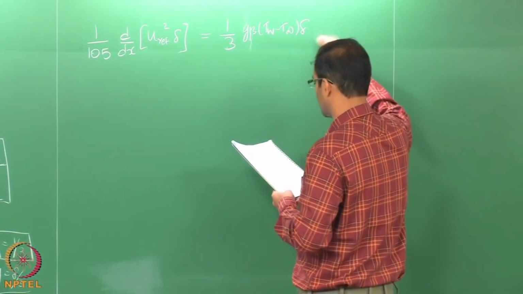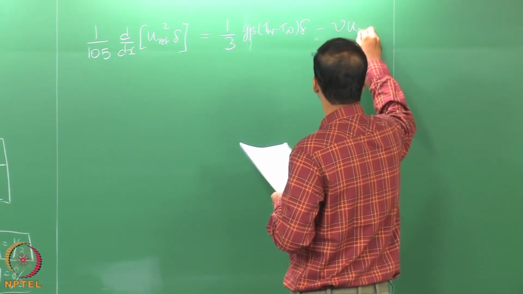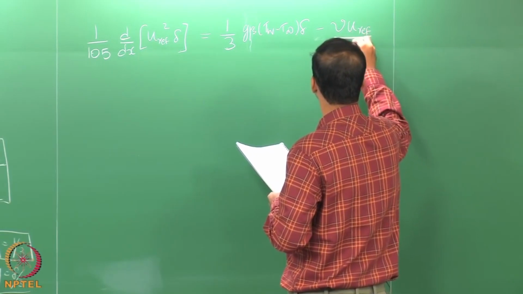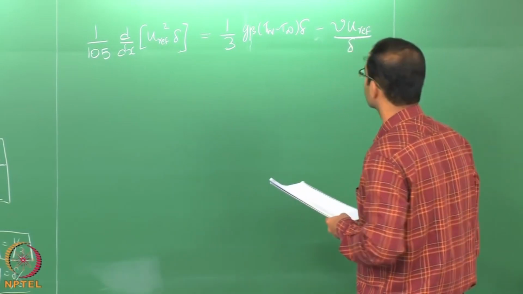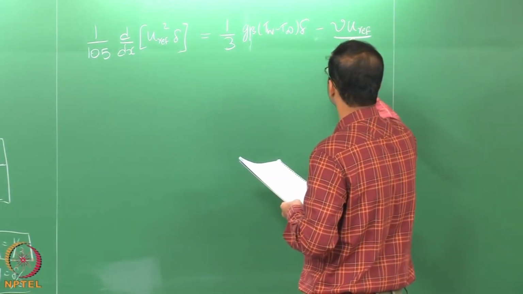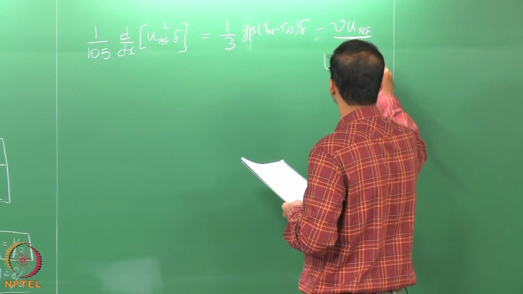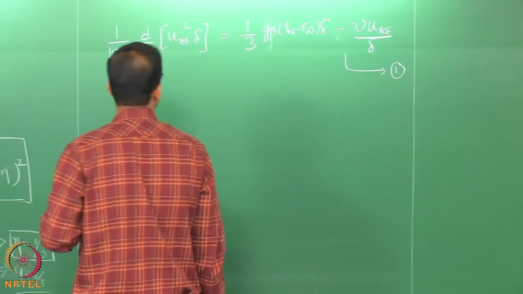So you will be getting minus nu into u ref by delta, in terms of du by dy. So this is your momentum integral after you substitute the approximate profile.